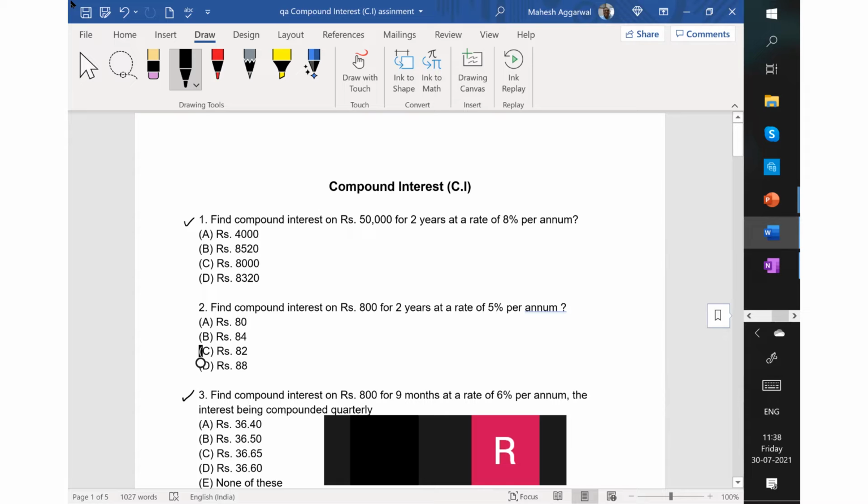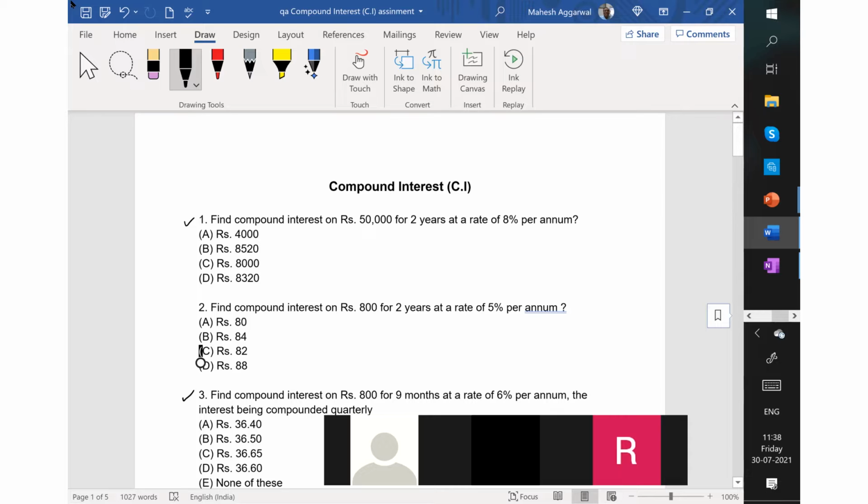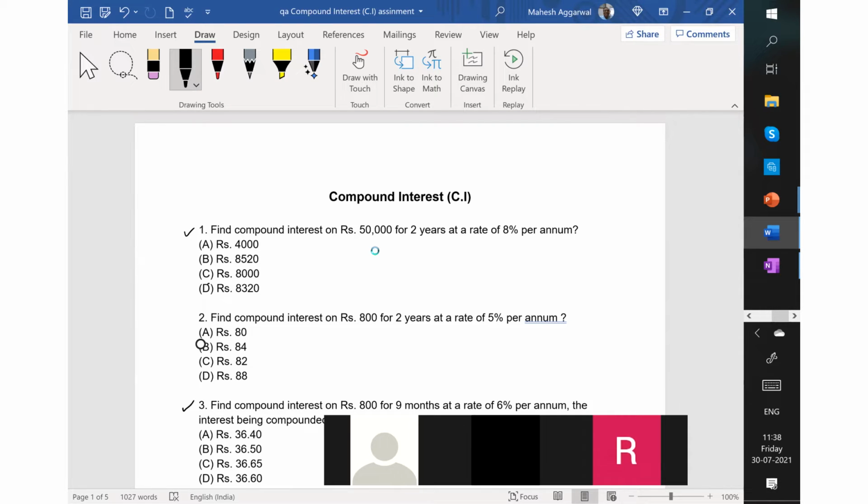So if you have to find interest, you have to deduct the principal from the compounded amount. That is one correction. Sir, 8,320. That is the correct answer. Very good, Radhika. Okay, now I'm taking you to the next question. Just 1 minute.